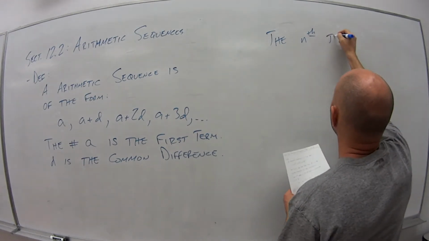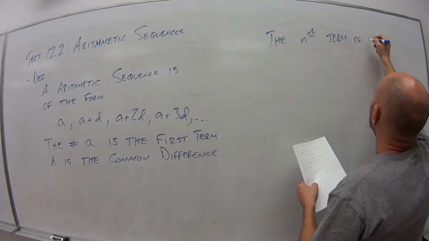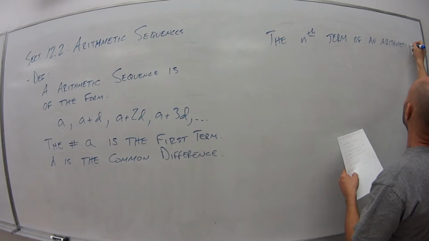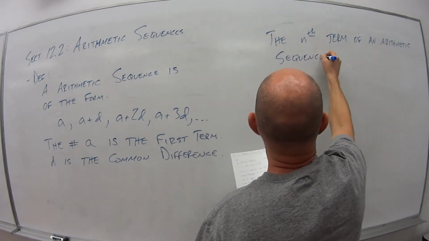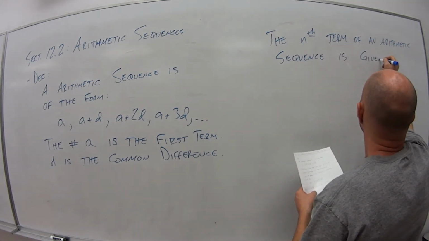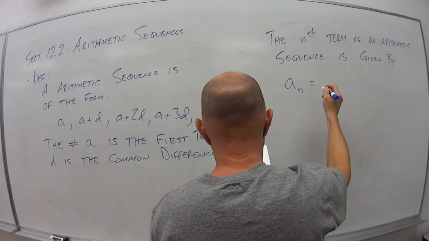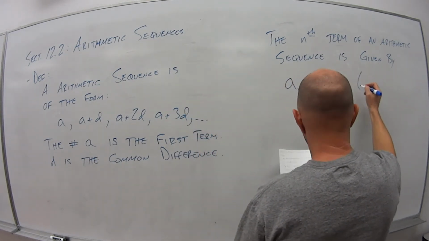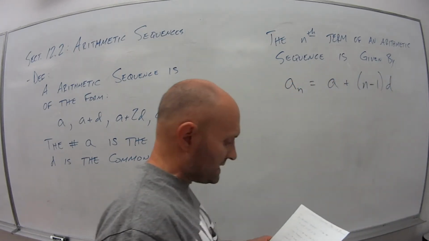So the nth term of an arithmetic sequence is given by a of n is equal to a, our starting value, plus n minus 1 times d.